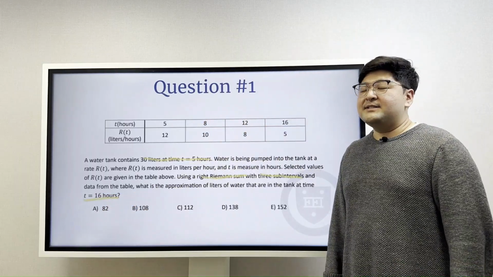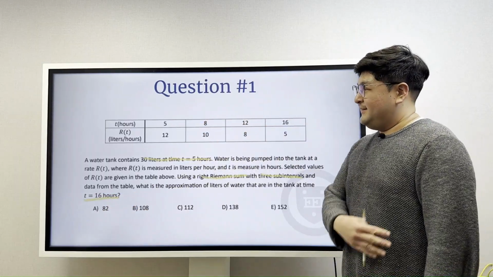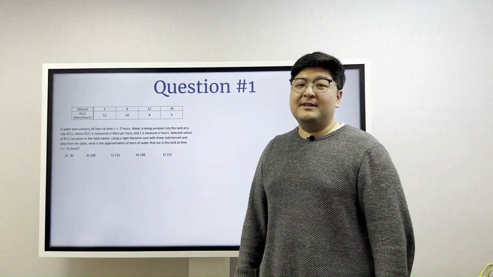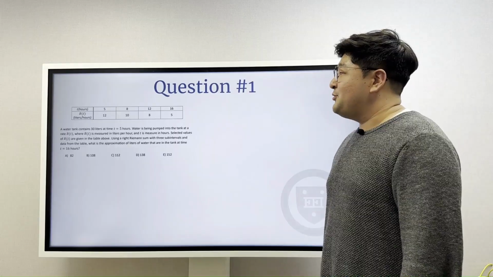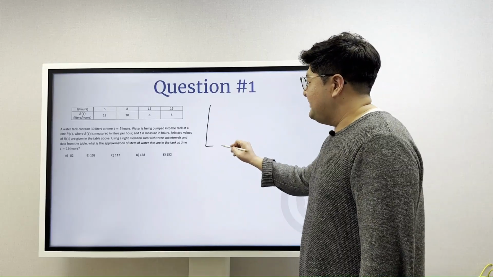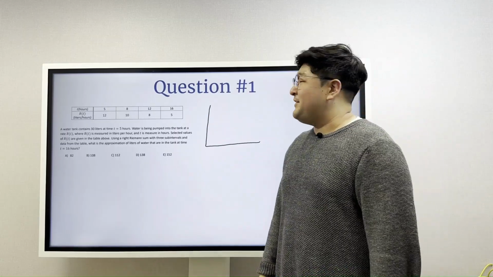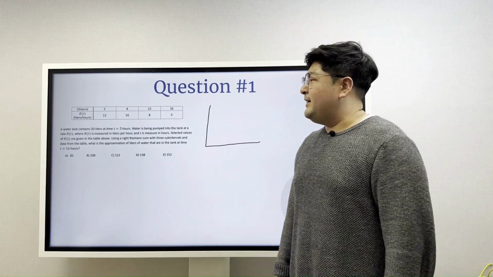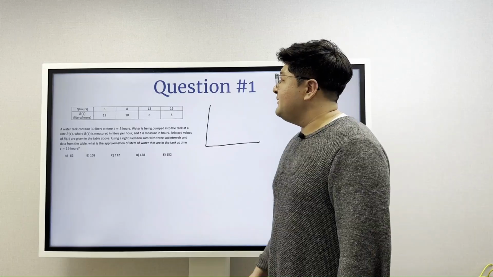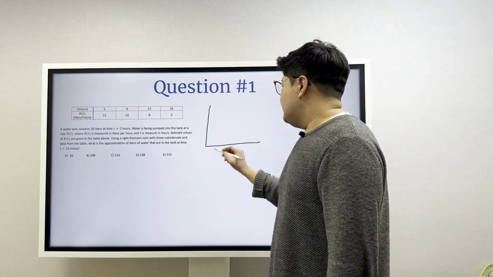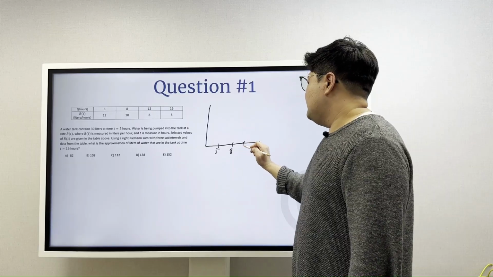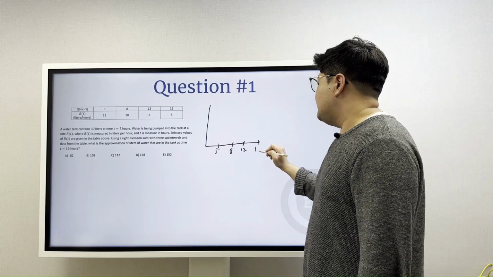Okay, so let's take a look at the question further. Every time we have a Riemann sum question, I usually suggest my students to just make a chart. It doesn't have to be anything fancy, just enough to draw the rectangles and find the sum of the rectangles. So t, first value is 5, and then 8, 12, and 16.